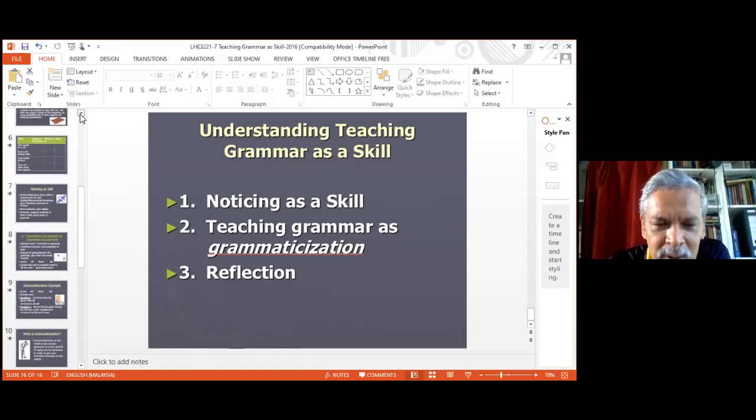It's not like, I'm a teaching grammar as product teacher, I don't do teaching grammar as skill or as use. Or that teaching grammar as product is correct and the other two are not. It's all three being interconnected, and it depends on the level of the students.